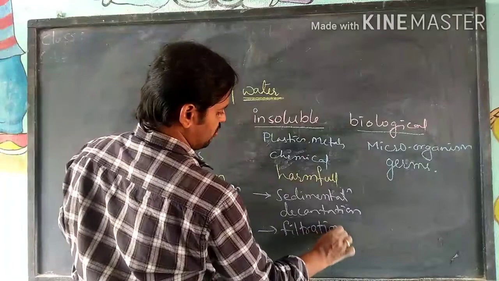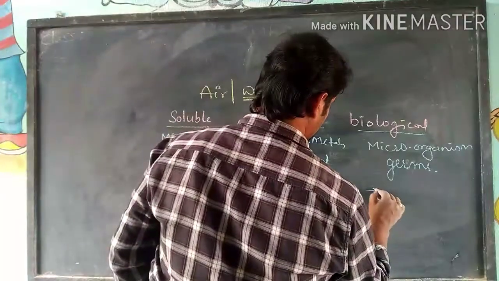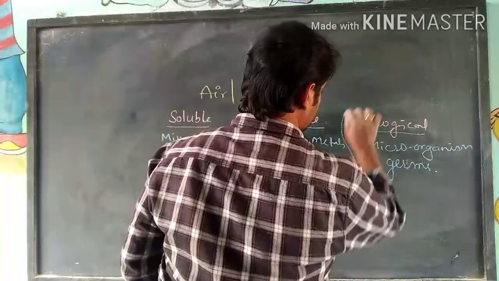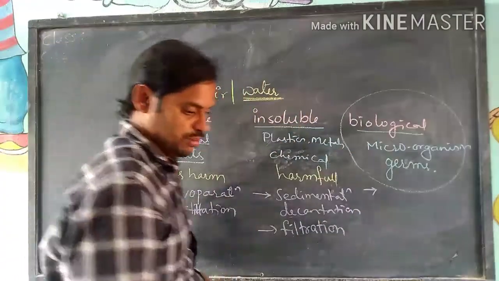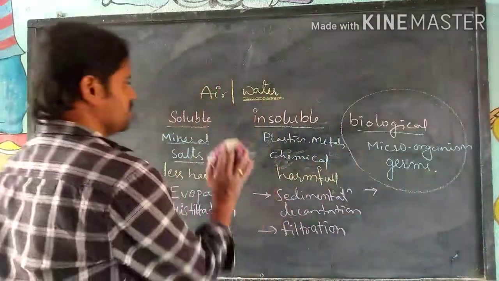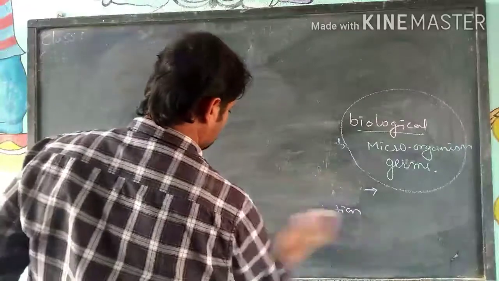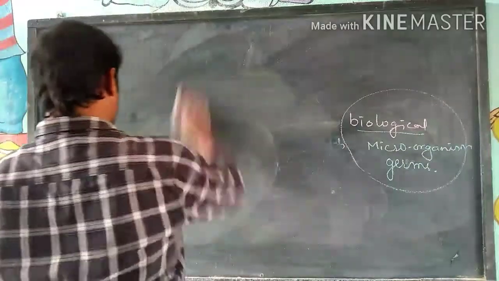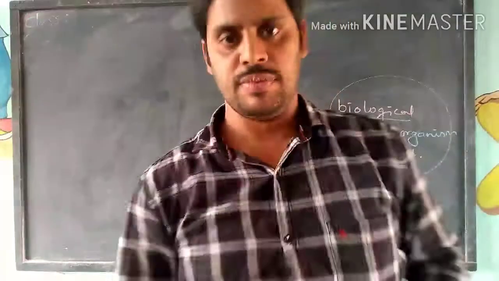By this we can remove insoluble impurities, whereas we can also remove biological impurities by different methods. So let us see how to remove the biological impurities present in the water.